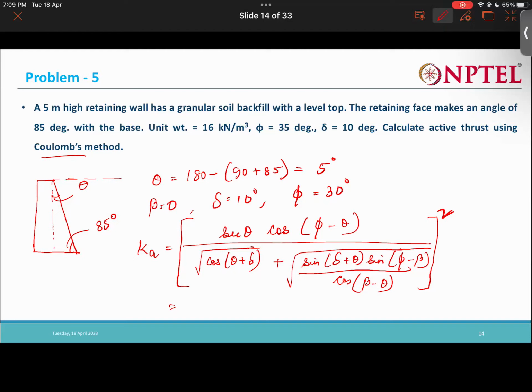I'm getting a very high value. Here, whatever is given, it's actually 2.88. So it should be close to that only, between 2.7 and 2.8, something like that.